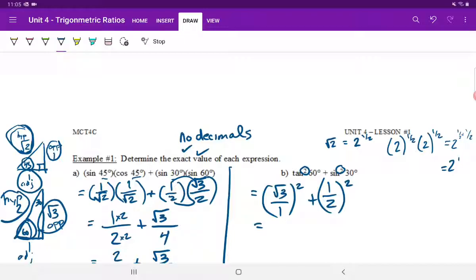Square root and squared end up canceling each other out, and you just get 3. Now, we don't have to worry about this 1 because 1 squared is still just 1. So I don't need to write 3 over 1. I can just write 3, to make this easier on myself. Plus 1/2 squared becomes what? 1 squared over 2 squared, which is 1 over 4.